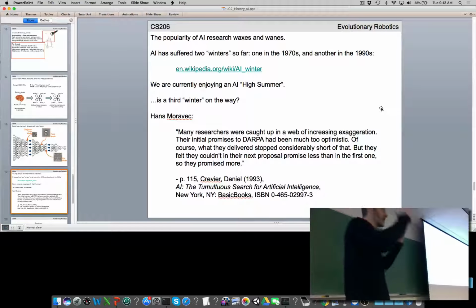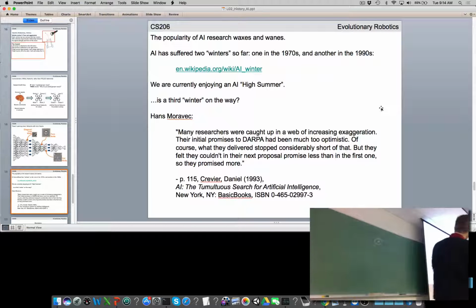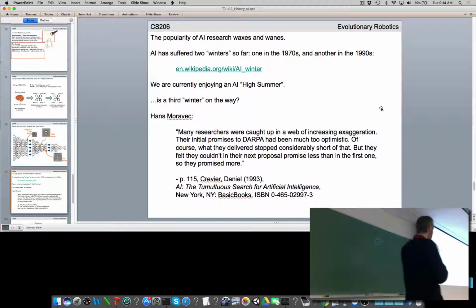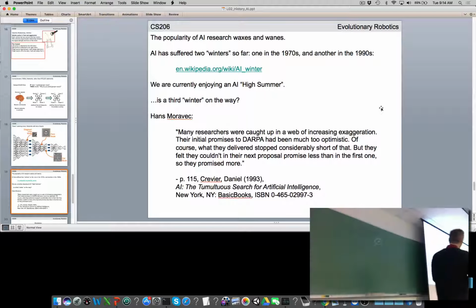Hans Moravec was a very famous roboticist back in the 1980s, and he wrote an interesting paper about why these winters tend to occur. DARPA is the research wing of the American military, so many researchers in the 70s were caught up in a web of increasing exaggeration. They were making promises to DARPA that had been too optimistic, because obviously they wanted funding.